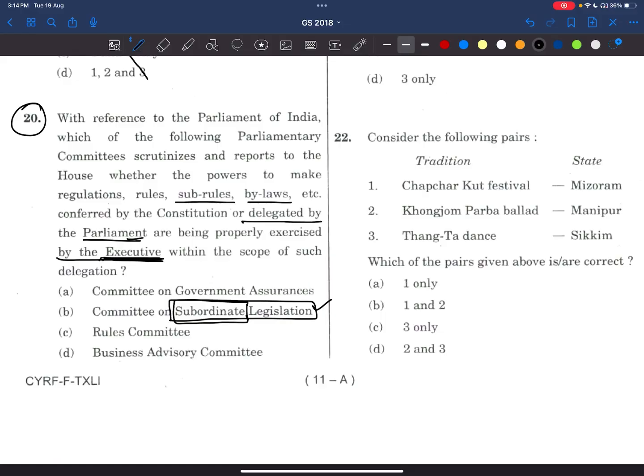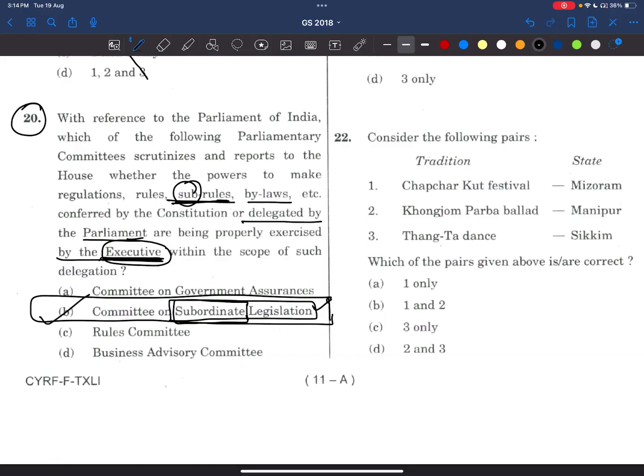Those will be made by the executive, and the rules made by the executive should be in line with the law. That is examined by the Committee on Subordinate Legislation. Even if you don't know it, from the words sub-rules and executive you can tell it is subordinate legislation, delegated legislation given to the executive by Parliament or by the Constitution. Okay, the answer is B.